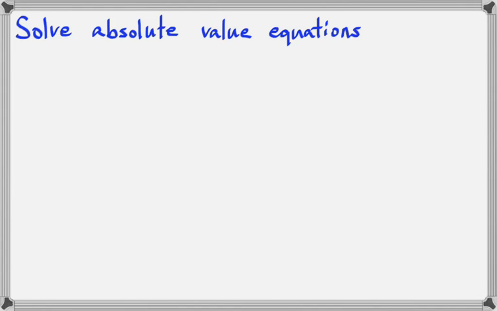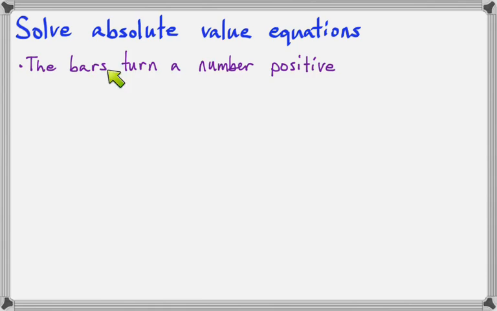In this lesson, we'll look at how to solve absolute value equations. So what the bars do, the absolute value bars, all they do is turn a number positive. For example, if the absolute value of x equals 7, then there are two possible values for x.